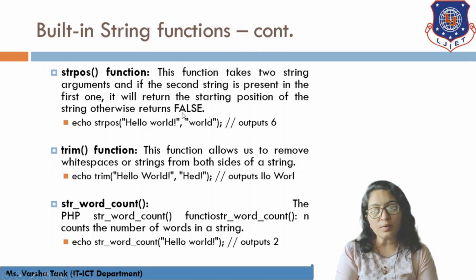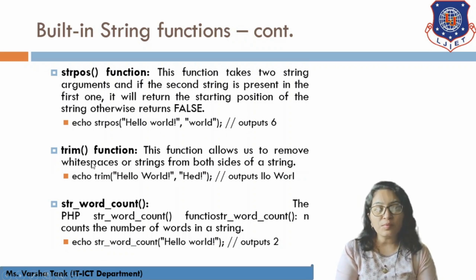Otherwise, it will return false. So here, world will be starting from position 6. You can see 0 1 2 3 4 5 and 6. So from 6 it will start, and it will display the output 6.